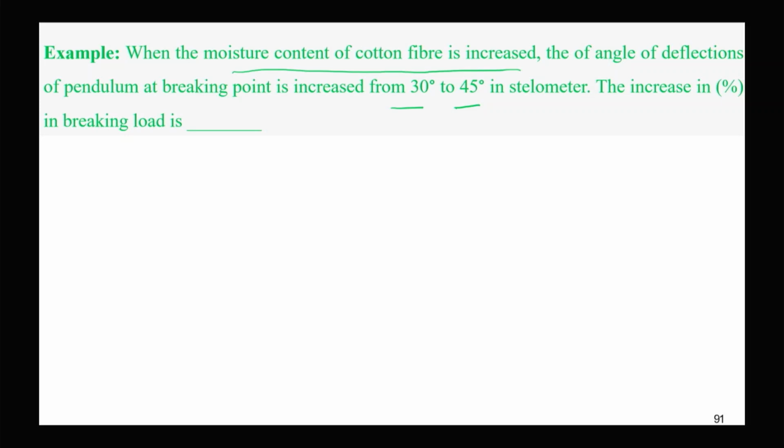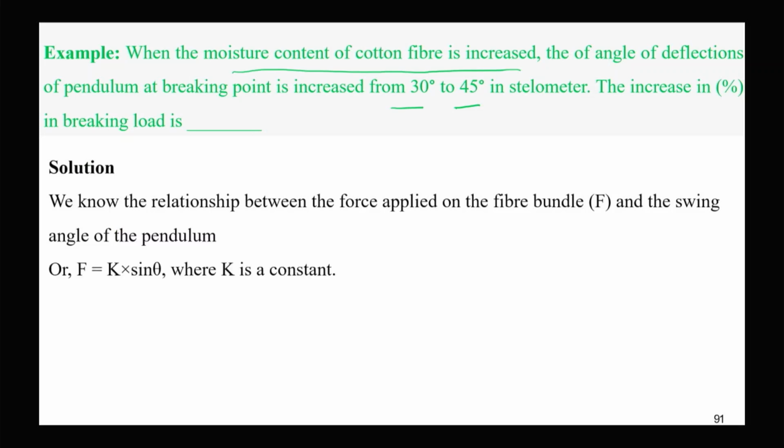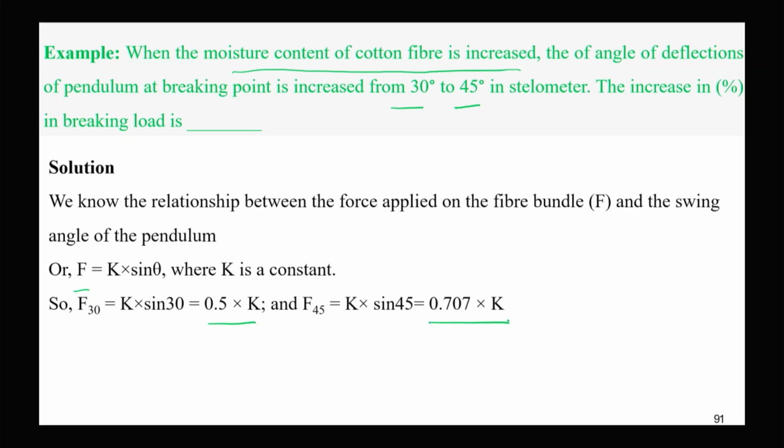So the increase in breaking strength, same process. Force equals constant into sin theta. At 30 degree it will be 0.5 K and at 45 degree 0.707 K. So the ratio, the percentage change will be 41.4%. That is the percentage change in breaking strength.